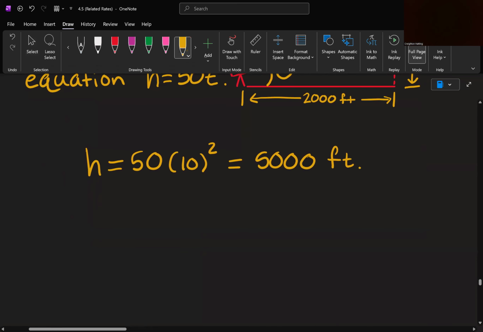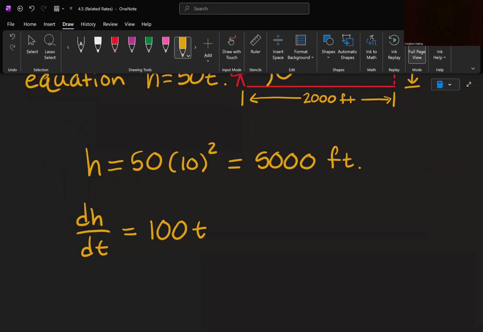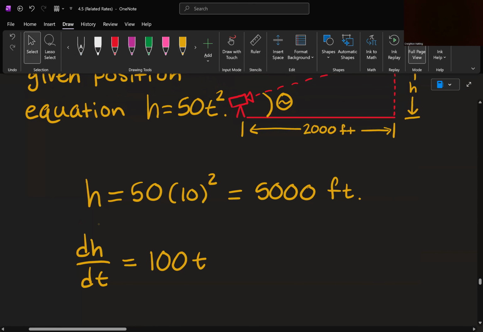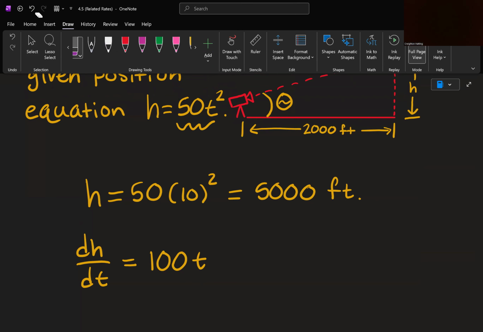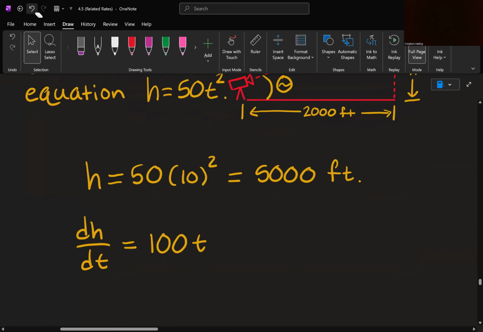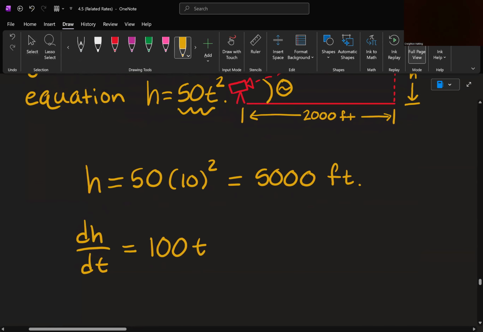We also know dh/dt, that is given to us. That is actually 100t. Mr. Hadding, how on earth did you get that? Well, notice that if I take the derivative of this formula here, I would get the derivative of h is dh/dt, and then the derivative of this is 50t squared. And notice that this t is time.